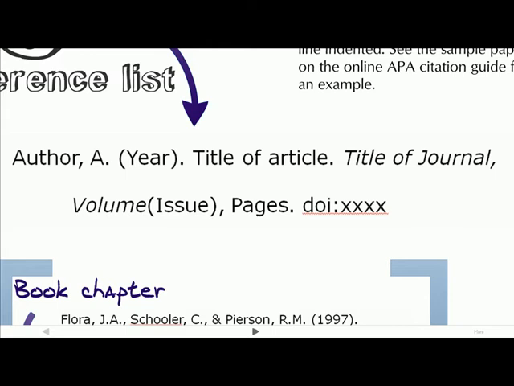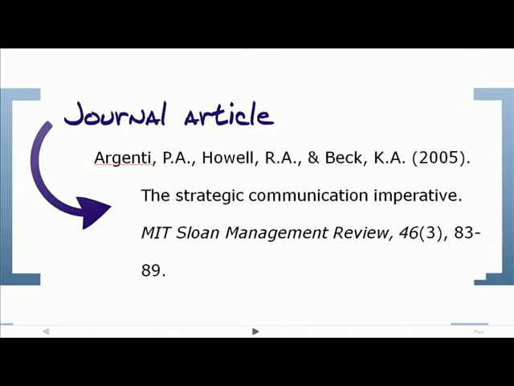Now let's take a look at an actual example of what this looks like for a journal article. This article has 3 authors, and they are each listed by last name and then initials. Never spell an author's first name out. Next comes the year the article was published, in this case 2005. Next is the article title, and you'll notice that only the first word is capitalized.